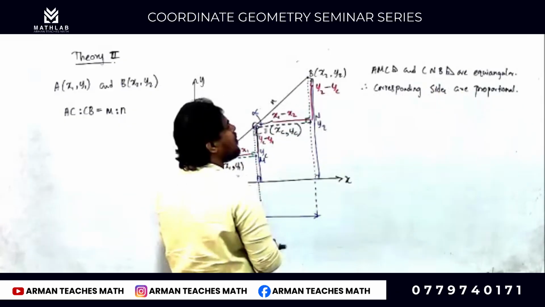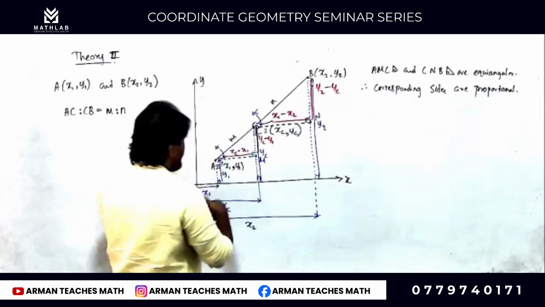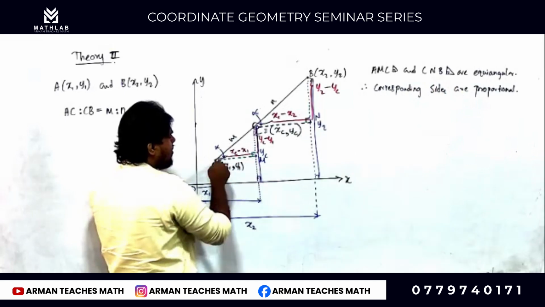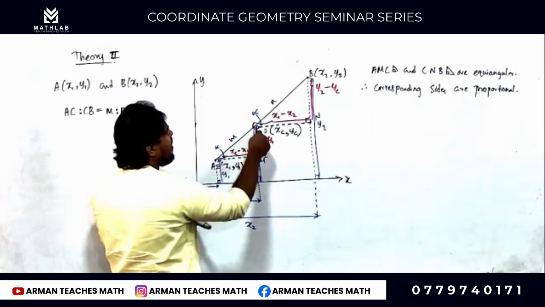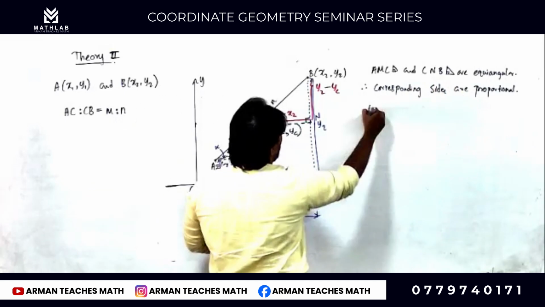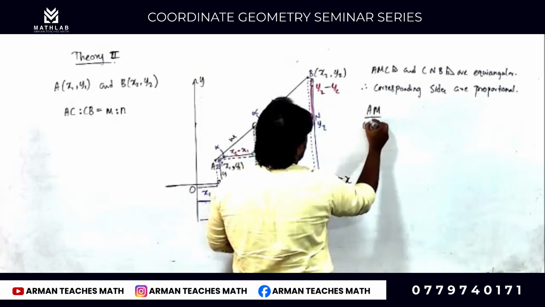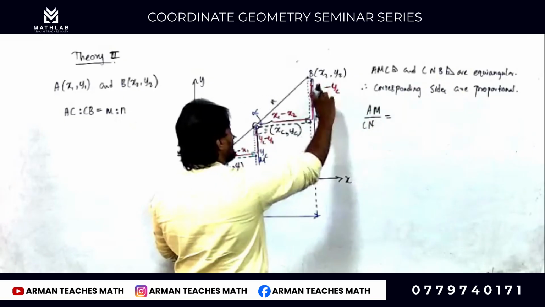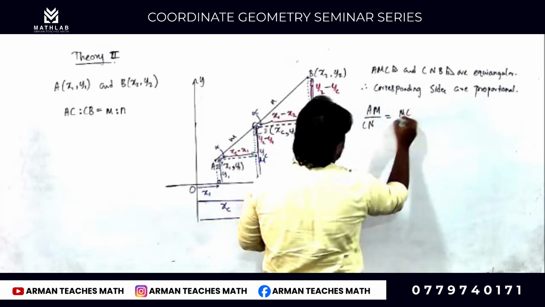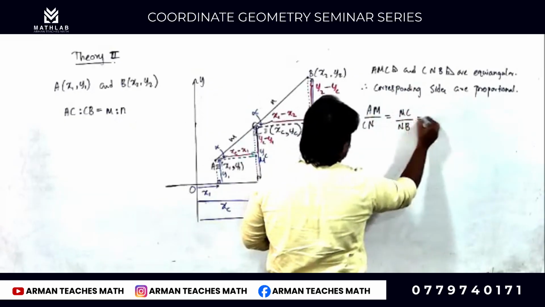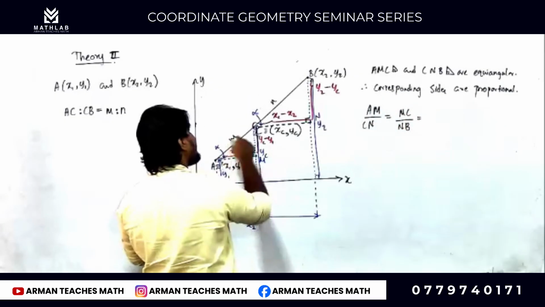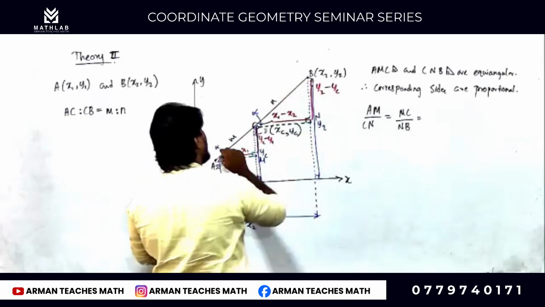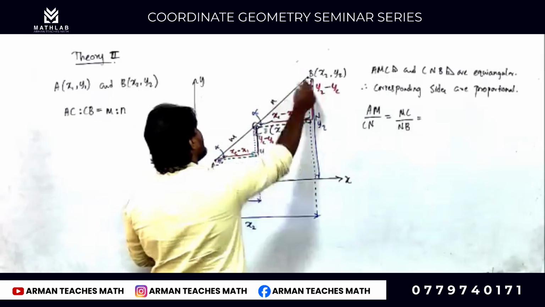The corresponding sides are proportional, which means AM divided by CN equals MC divided by NB, and MC divided by NB equals AC divided by CB. AC to CB ratio is given.